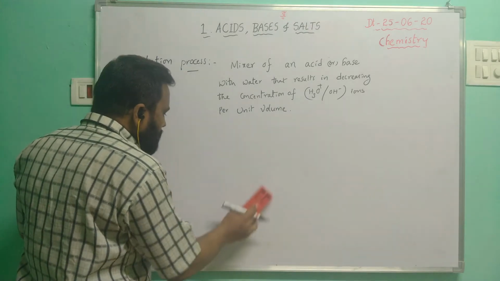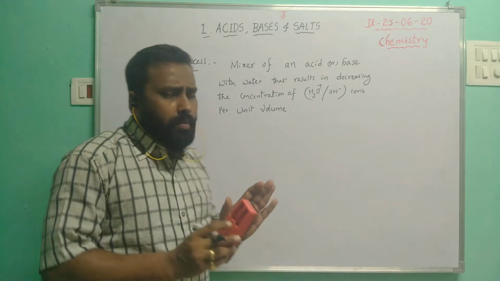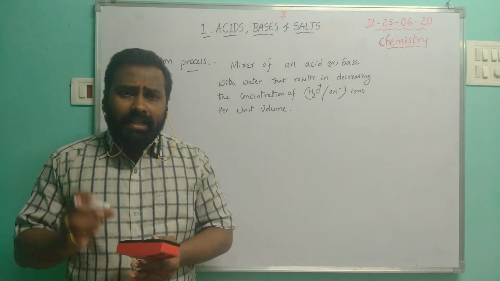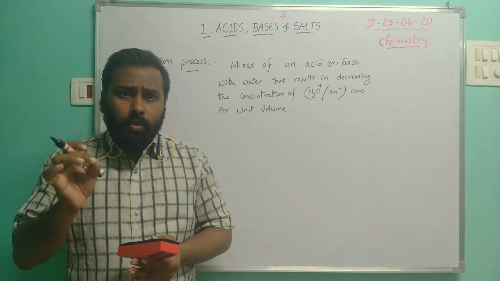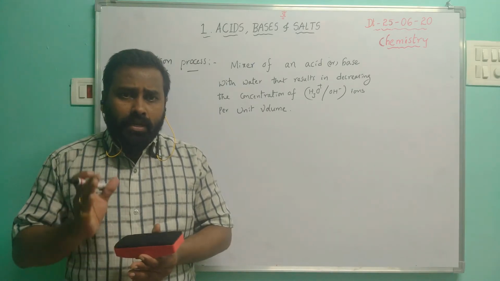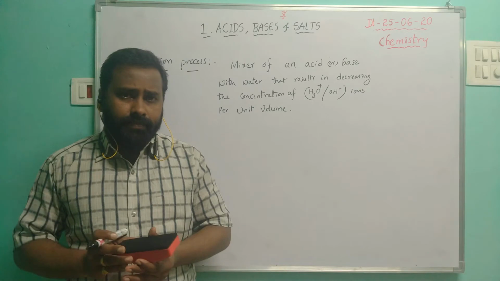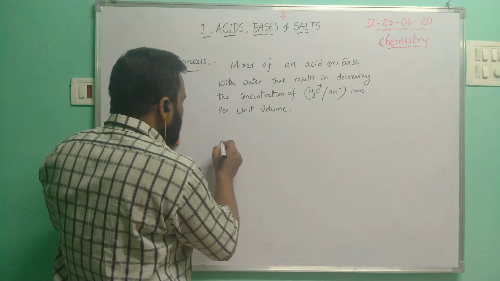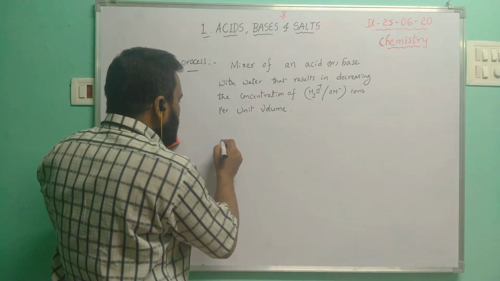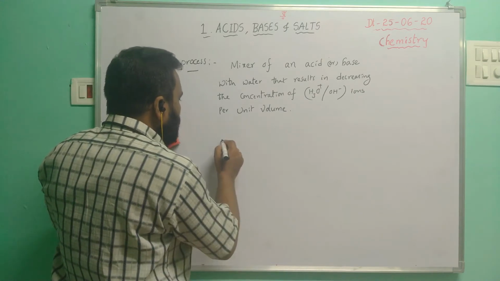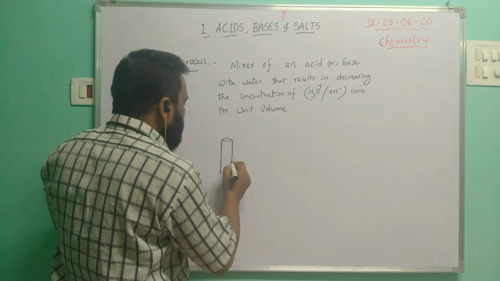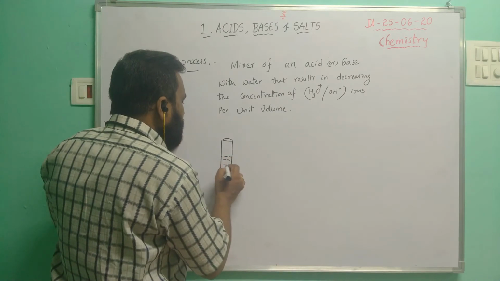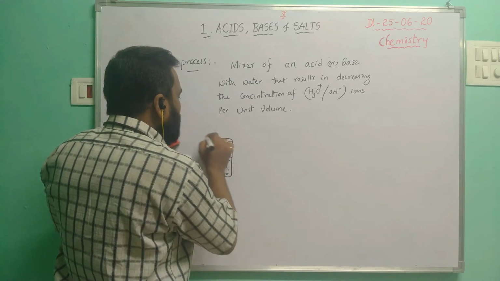So in the dilution process, why is it recommended that acid should be added to water, not water to acid? Take one test tube that contains water, this is the first case.